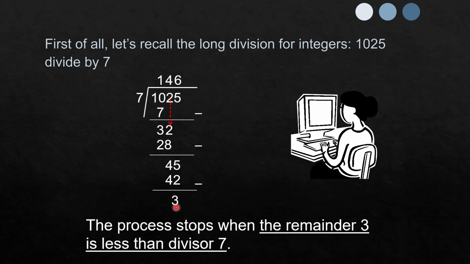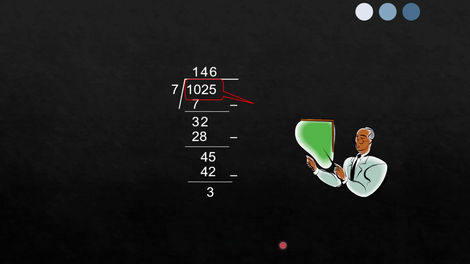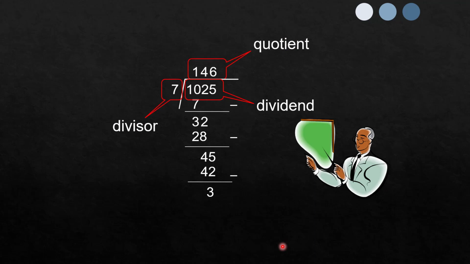So we can say that the remainder of this division is 3. You cannot divide it anymore, and when you express this 3, it will be a fraction because it is less than the divisor 7. So 1025 here is called the dividend, 7 is the divisor, and 146 is called the quotient. Here, the remainder is 3.